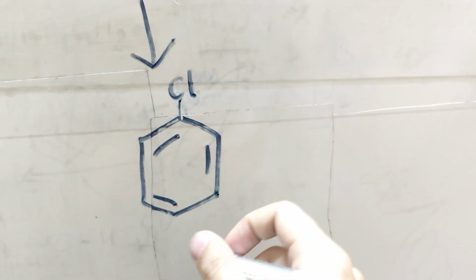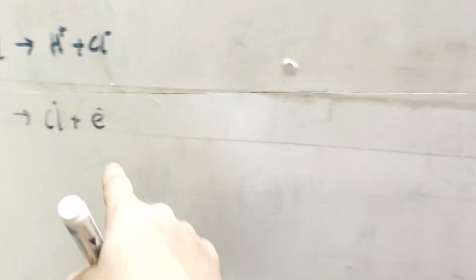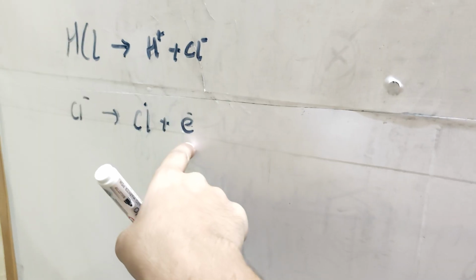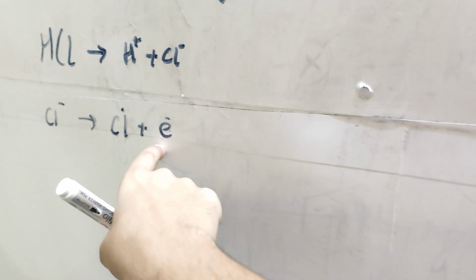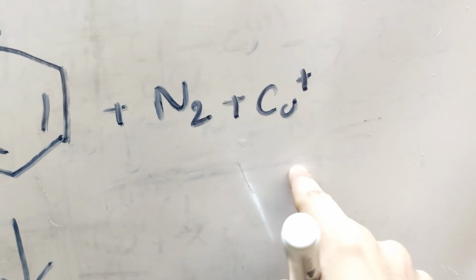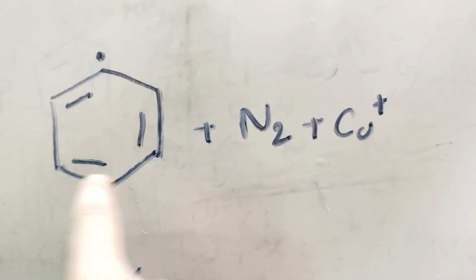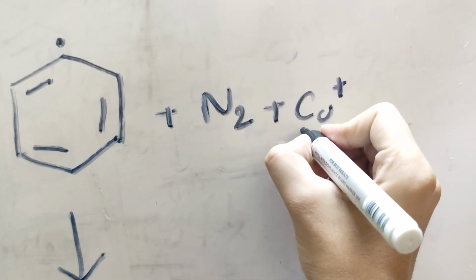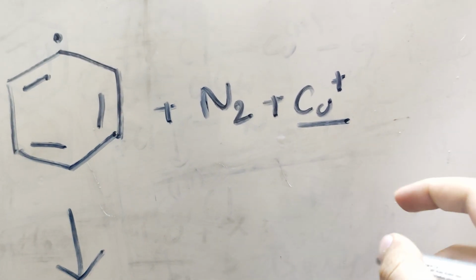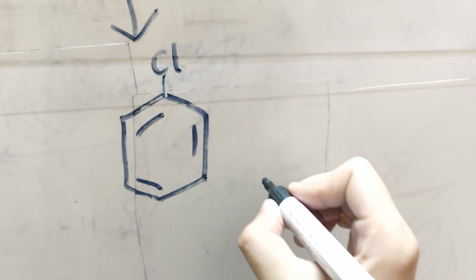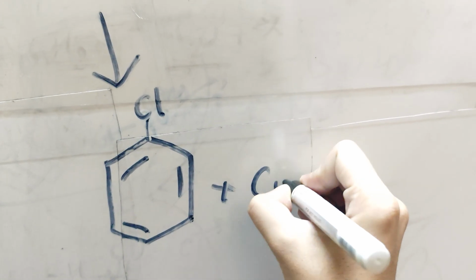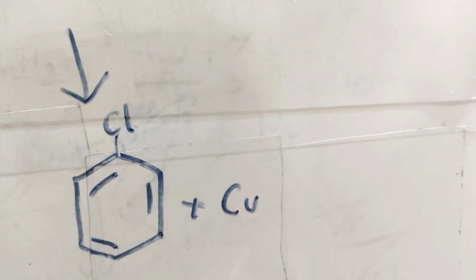After this, the electron which has been removed from the chlorine, like chlorine has donated one electron, this electron combines with the copper ion which has been formed during this reaction. This copper ion gets the electron given by the chlorine, so copper goes to its original state.